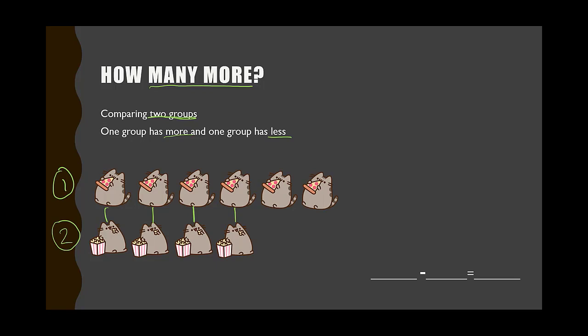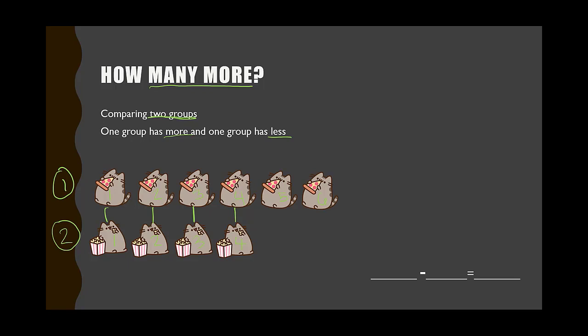We're going to double check though. We're going to count each group and see which number is bigger. So let's go ahead and count the number of cats with pizza. 1, 2, 3, 4, 5, 6. And let's count the number of cats with popcorn. 1, 2, 3, 4.